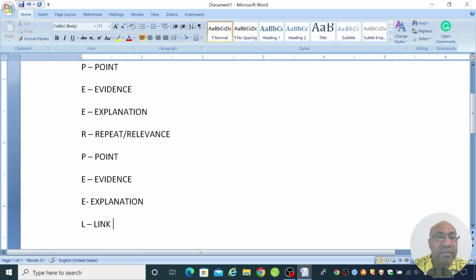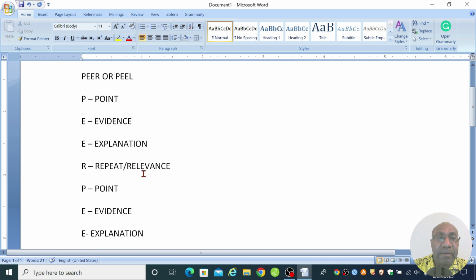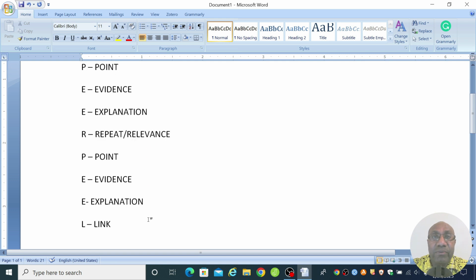In other words, the last sentence of the paragraph should link to the point that you highlighted in the paragraph. So these are the acronyms that you can use.